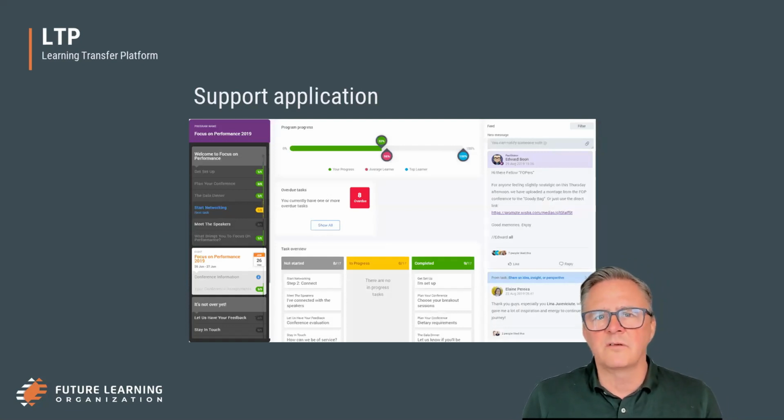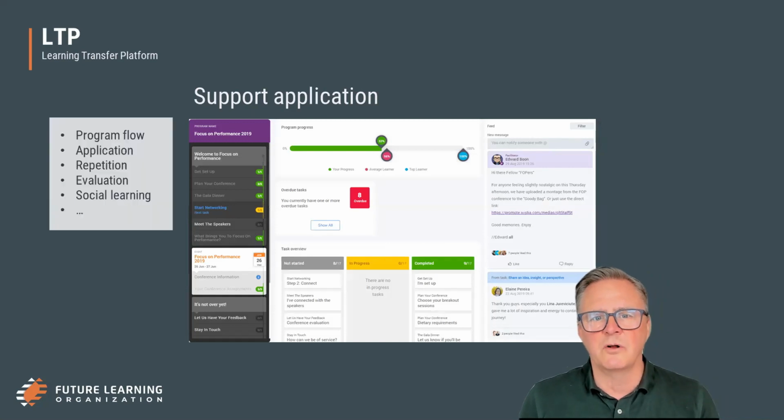They are really good at supporting application of what you learned. So they help you to make flows where you add sessions, of course, with pre-work, with activities that you do in work, for example, assignments at work or discussions with others. So they help you apply things. They can also help you repeat knowledge in different ways and to practice things.